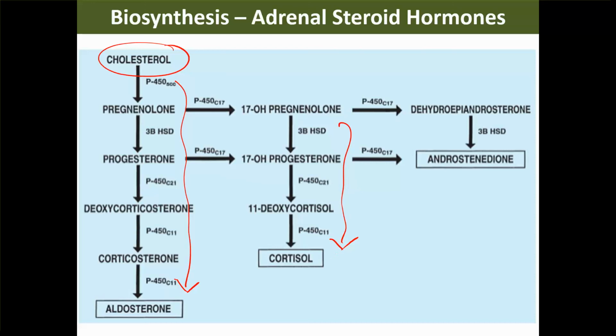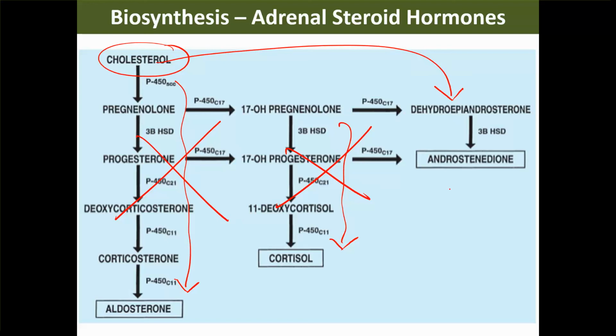Now the hydroxylase enzyme is deficient, so this cannot be done, so automatically all will get produced into sex steroid. Now the sex steroid level is increasing, and aldosterone is decreased, cortisol is decreased.